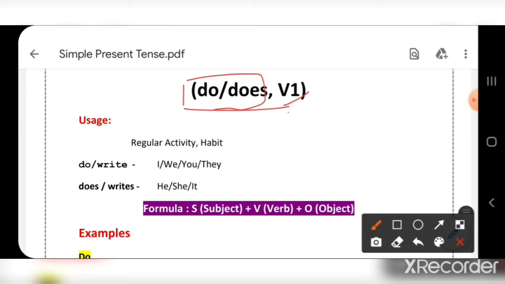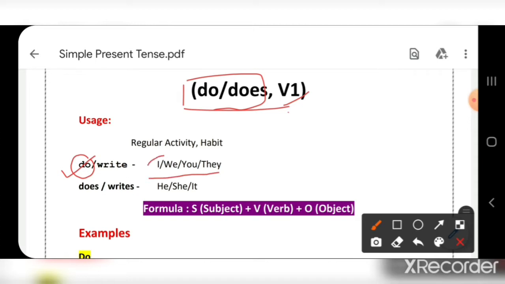Okay, now here do or write. Firstly, let me tell you this thing: singular verb and singular subject, they go with each other. Okay, so in simple present tense, do is plural verb and I, we, you, they are plural subjects.